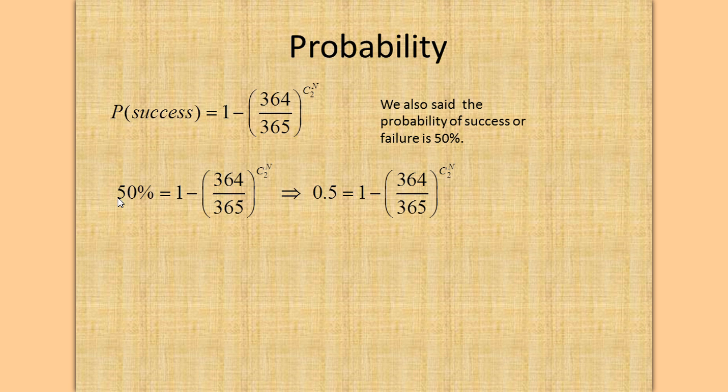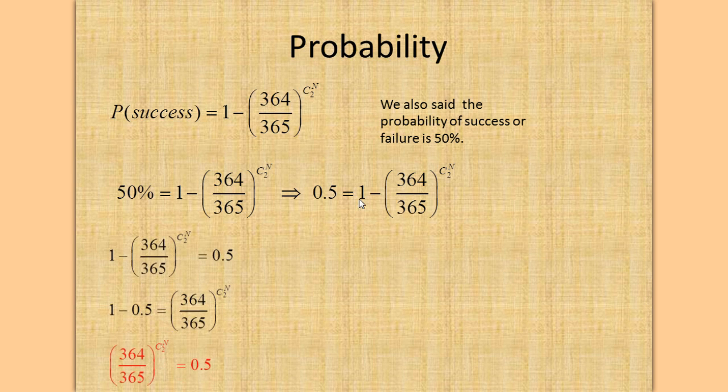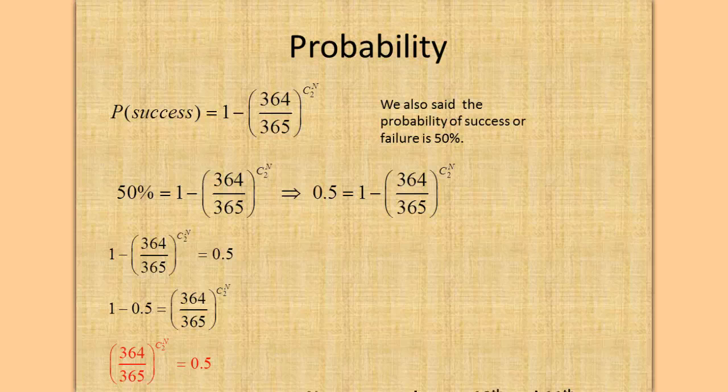Changing 50% to a decimal, that gives us 1 minus 364 divided by 365 raised to some power equal to 0.5. I just rearranged the equation. Then I bring the 0.5 to the other side and subtract it. 0.5 from 1 is 0.5. So that leaves us with 364 divided by 365 raised to some power equals 0.5.